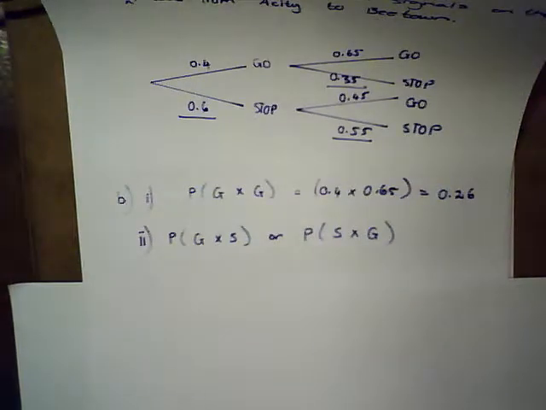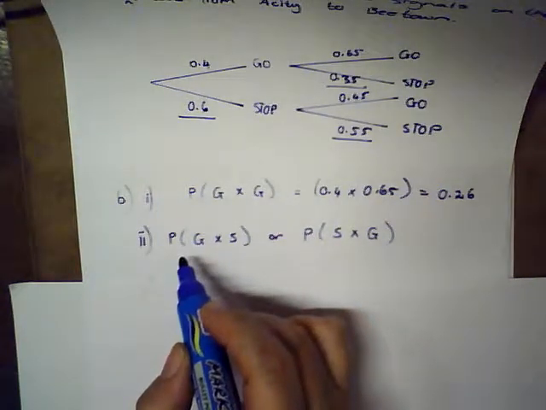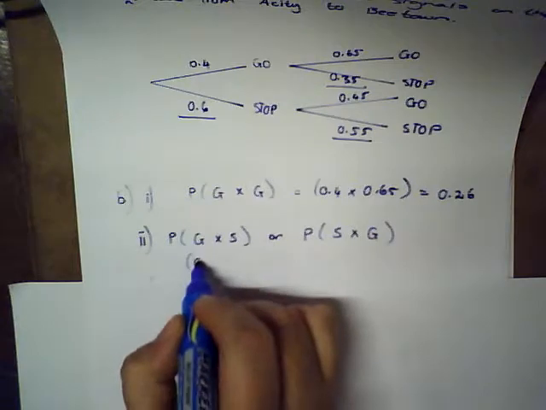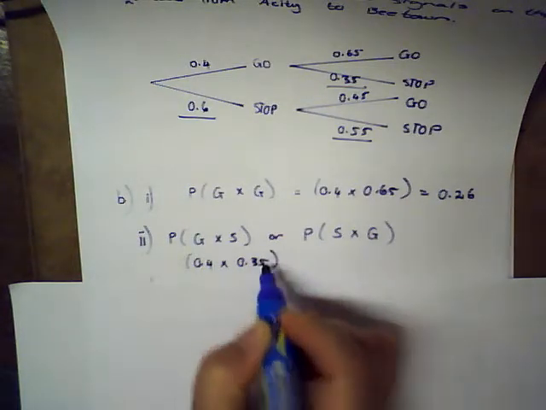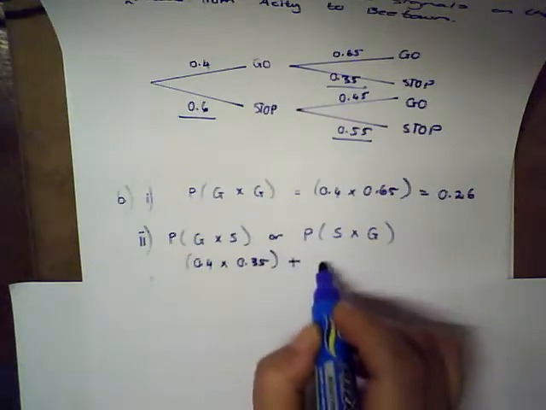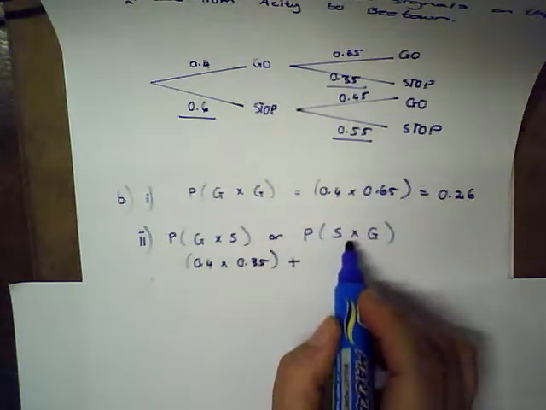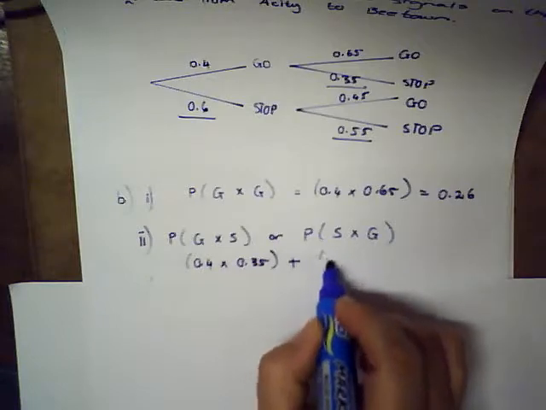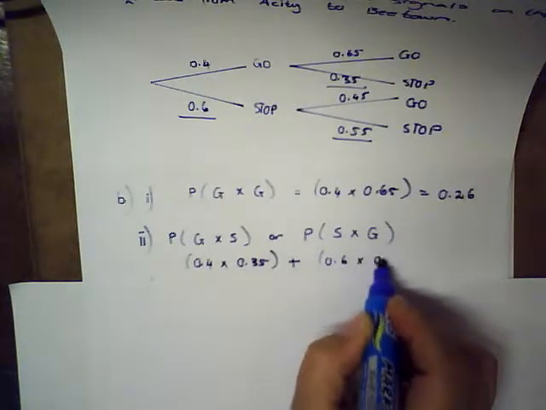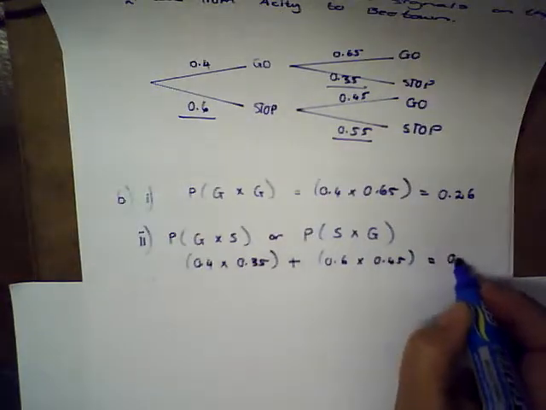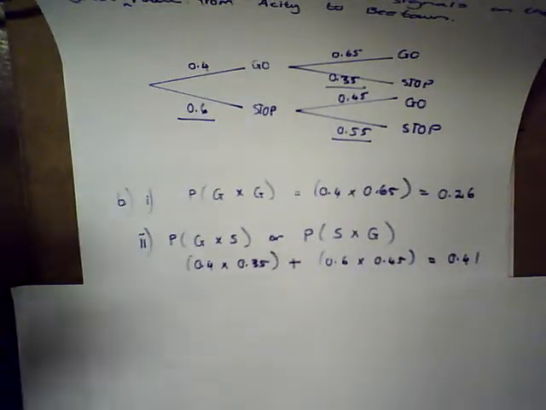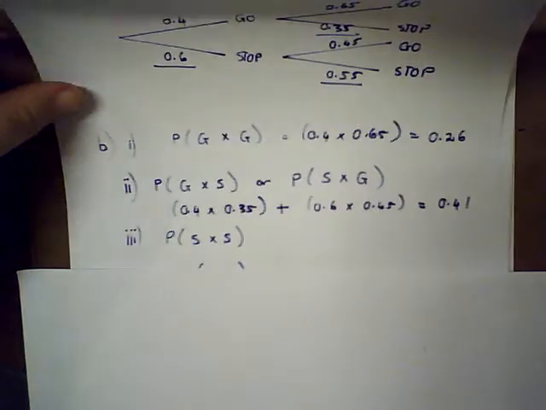So let's quickly fill this in: go is 0.4 times stop, that's 0.35, or is always plus and and is multiplication, so 0.6 times 0.45. If I do that on my calculator, 0.41 is the answer. Okay, let's see the next one.